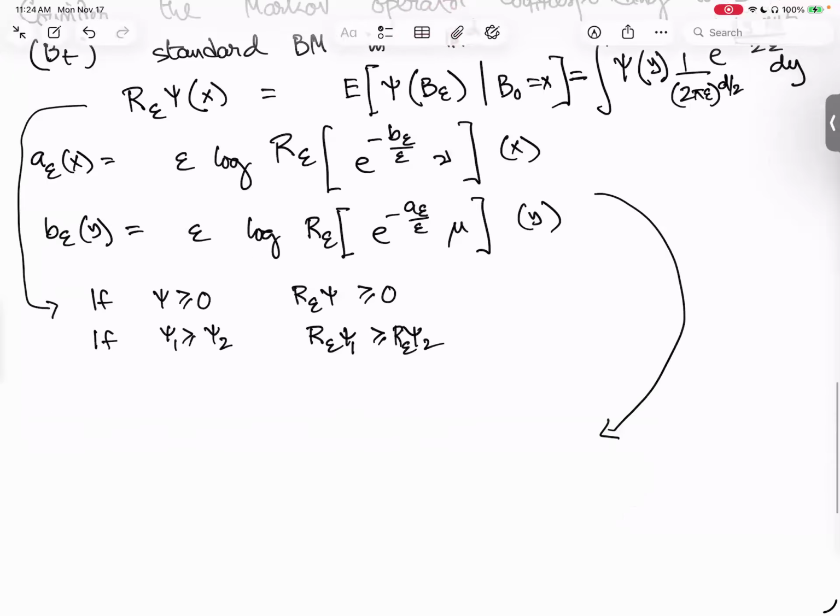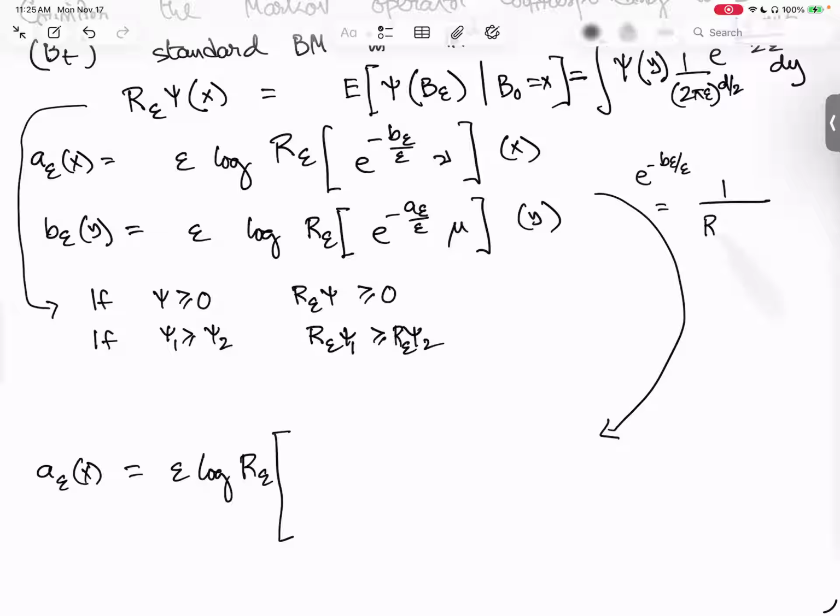I can write that A epsilon of x is equal to epsilon log R epsilon of e to the power minus b epsilon over epsilon, times nu. Look at what's happening here. This e to the power minus b epsilon over epsilon: b epsilon over epsilon is the log of R epsilon, so negative of this is negative of the log, and e to the power of that is a reciprocal.